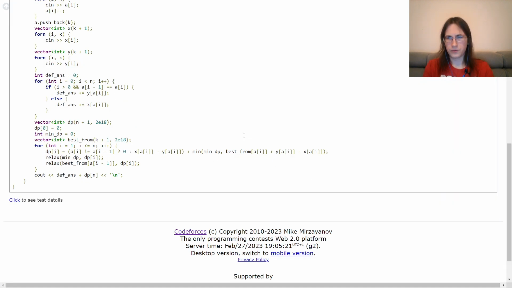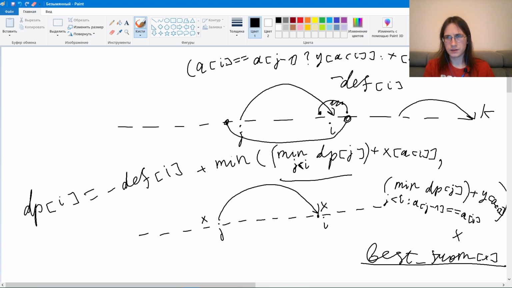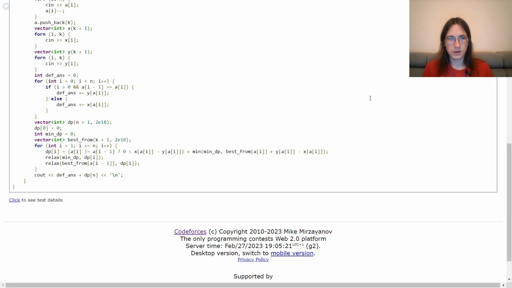Yeah, so instead of subtracting the default price, in my code it's a little bit different. Instead of subtracting default price, I subtract default price minus lower price, so minus y. It doesn't matter, you can write it as I described, but I wrote it a little bit differently.